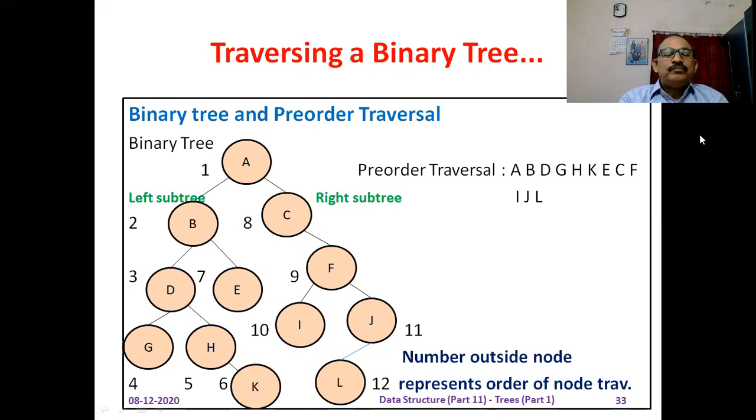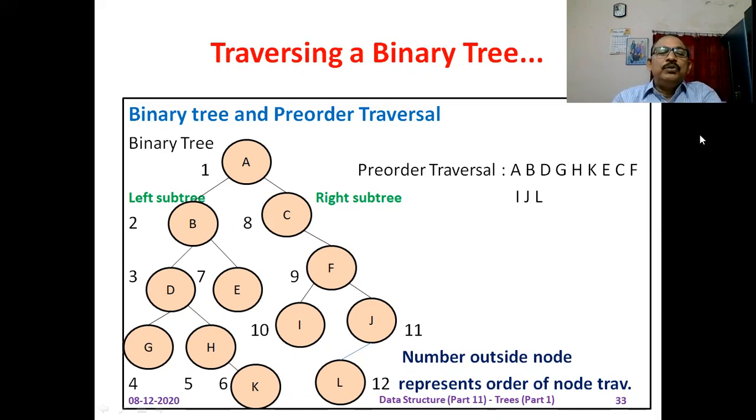Now we are calling the pre-order traversal function with the left subtree. What is the root of the left subtree? B. And what is the first step when we call the pre-order traversal algorithm?